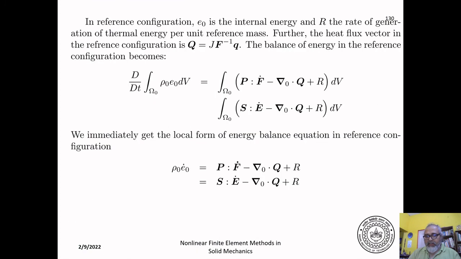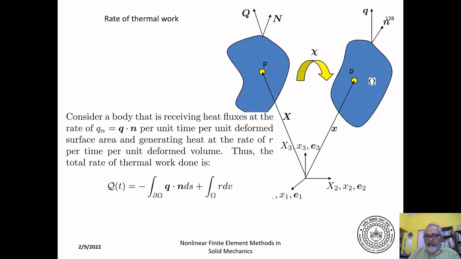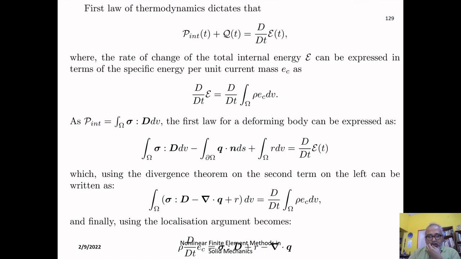So the first law in the current configuration, if you remember, was this: R minus gradient of Q, or gradient of Q minus R, is equal to the stress work rate sigma D minus rho E C dot.